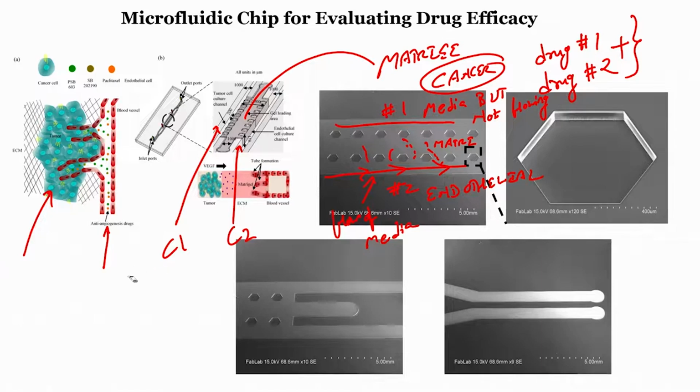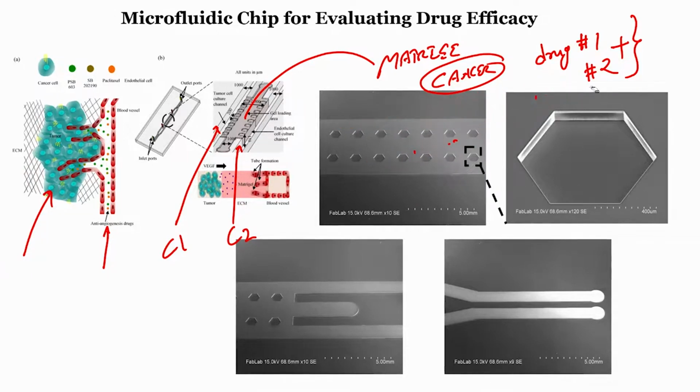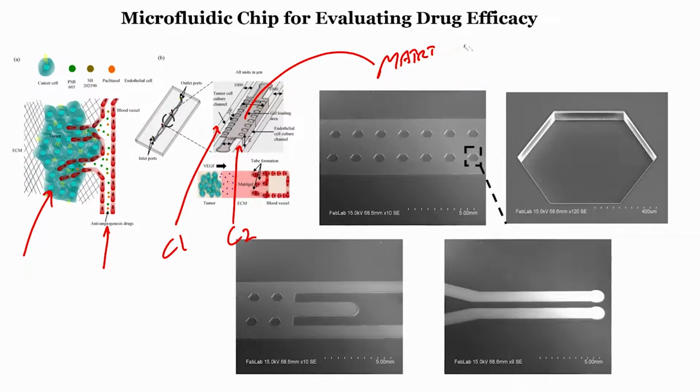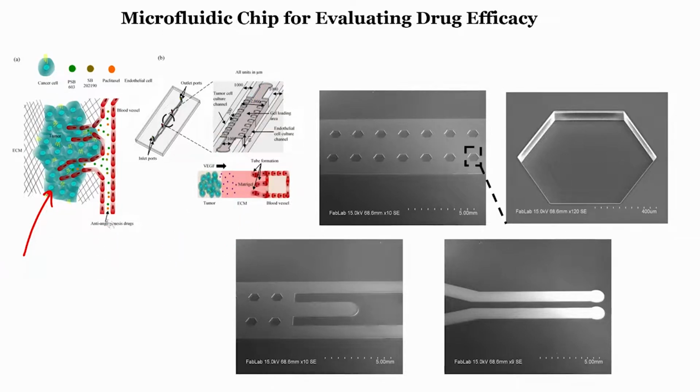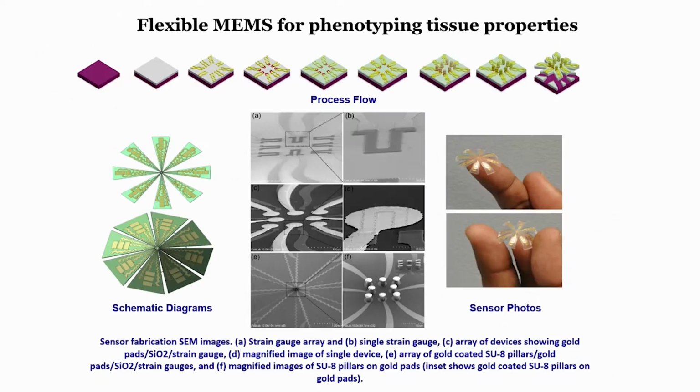So, the idea is how to design this microfluidic system, and it would be a platform to understand a combination of different drugs. Alright. So, we will study how to fabricate this in the class. I will go to the next platform.